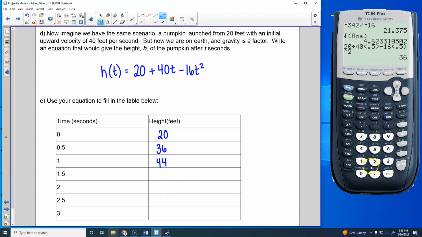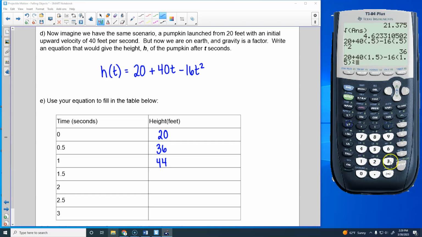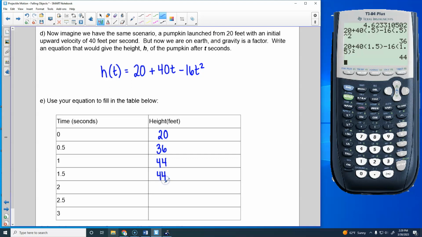It is? Good. Then 20 plus 40 times 1.5 minus 16 times 1.5 squared gives us 44 again. I think we're probably going back down.